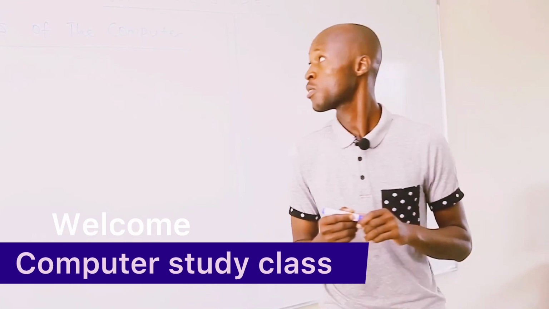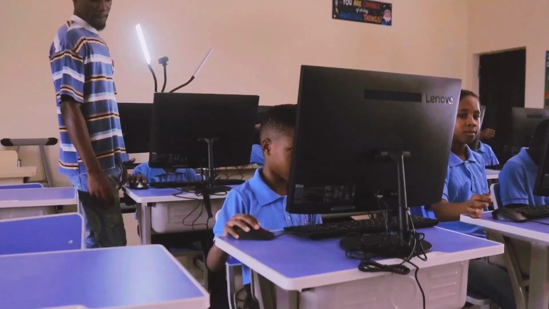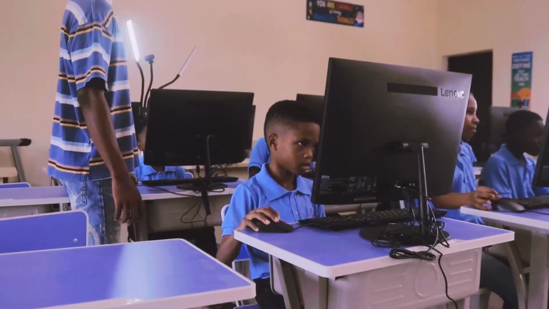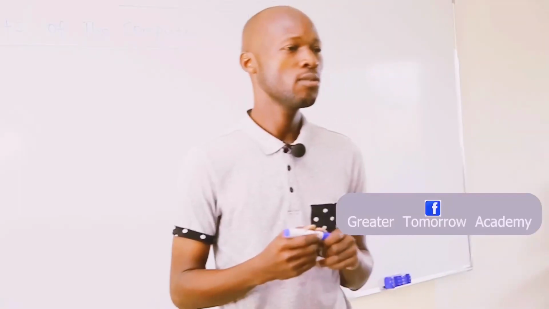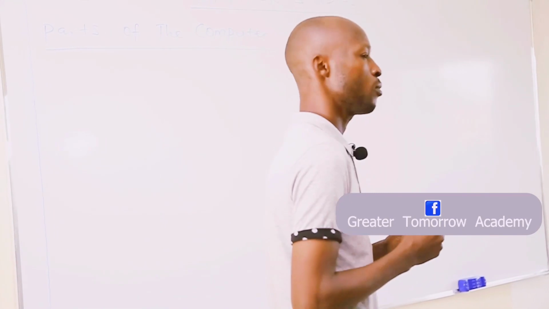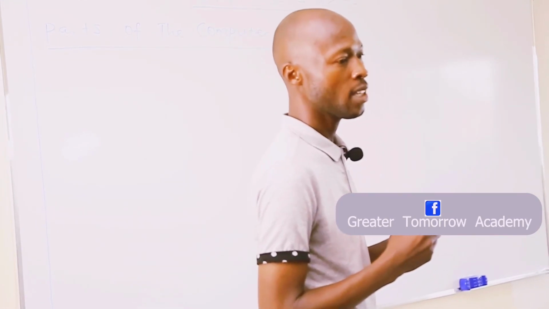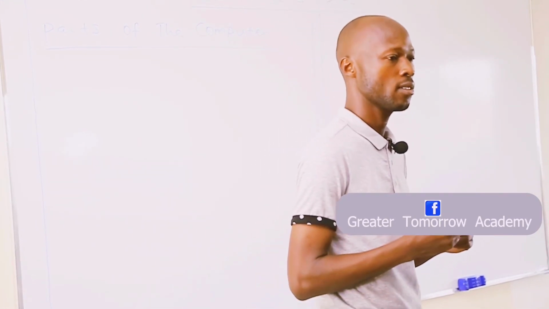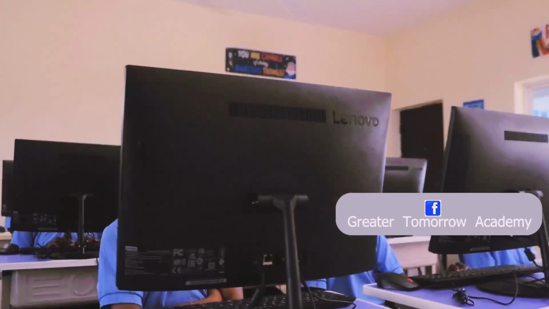Hello friends. Hello sir. You are welcome to the computer studies class. This morning we'll be looking at the topic parts of the computer. You can repeat after me, parts of the computer.